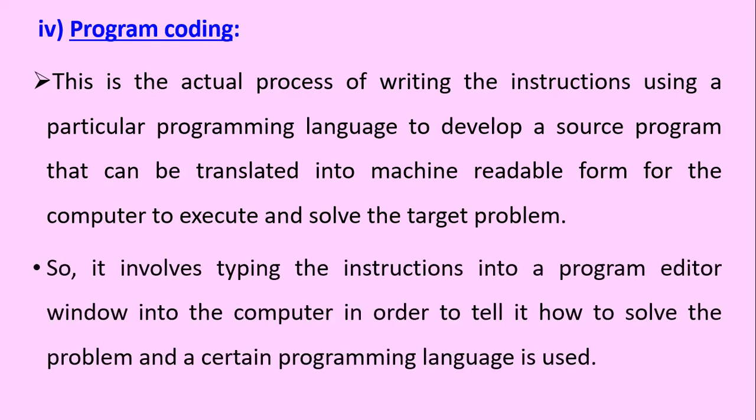It involves typing the instructions into a program editor window in the computer in order to tell it how to solve the problem, and a certain programming language is used.